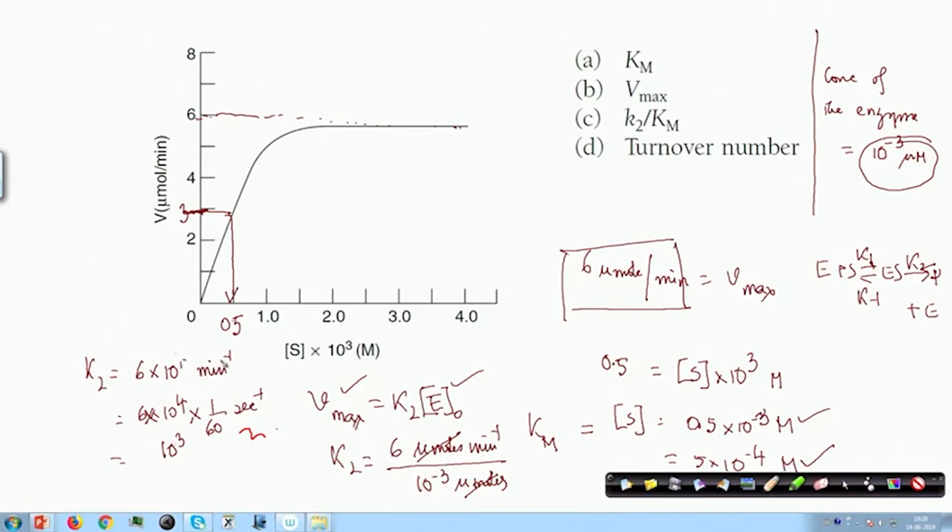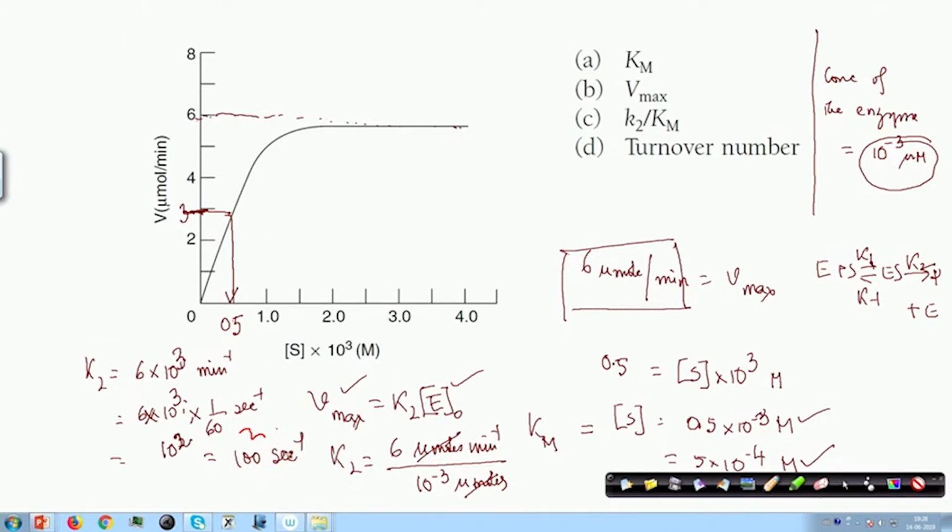So, that will be 10 to the power 3 into 1 by 60. So, that will come out to be 10 to the power 2, that means 100 second inverse. So, that is your K2.